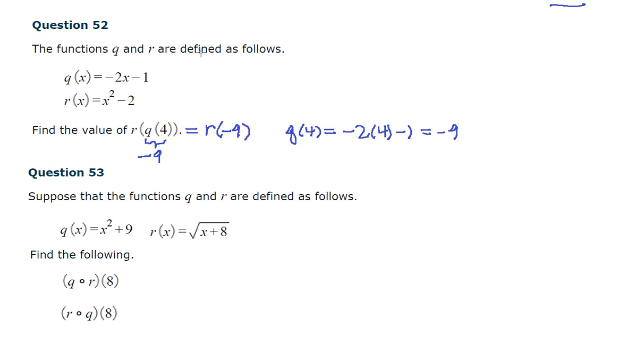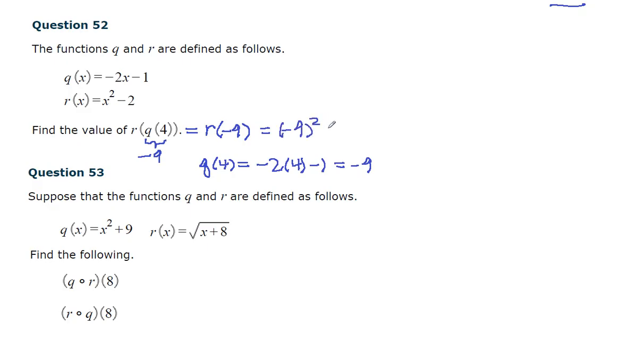And let me move this out of the way here. And then what is r plug in negative 9? Well, we put a negative 9 in here for x. So that's going to be negative 9, that quantity gets squared, minus 2. So negative 9 squared, 81 minus 2. So what is that, 79? So that's composition at a number.